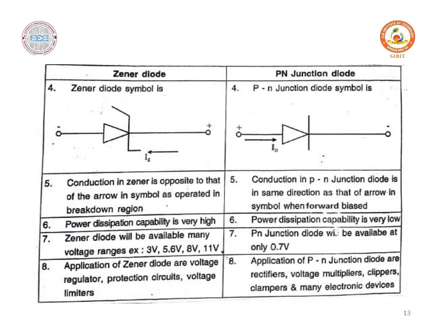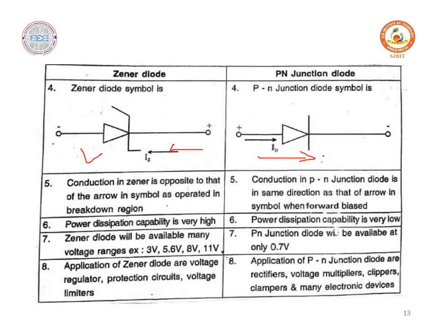Fourth point, the Zener diode symbol. You can observe the Zener diode symbol, and also the current flow, which is in the opposite direction. In the PN junction diode symbol, the current you can consider as ID.